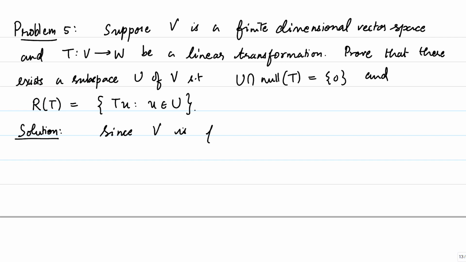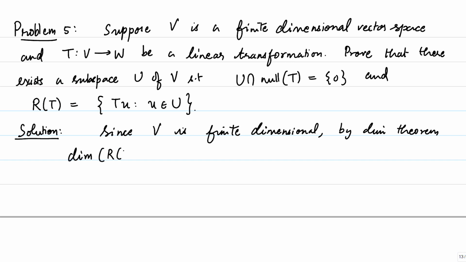Since V is finite dimensional, however, this forces, by the dimension theorem, the dimension of R of T, which is the dimension of V minus the dimension of the null space of T, to be finite. This is a finite dimensional subspace of W. So let's say n is the dimension of R of T.